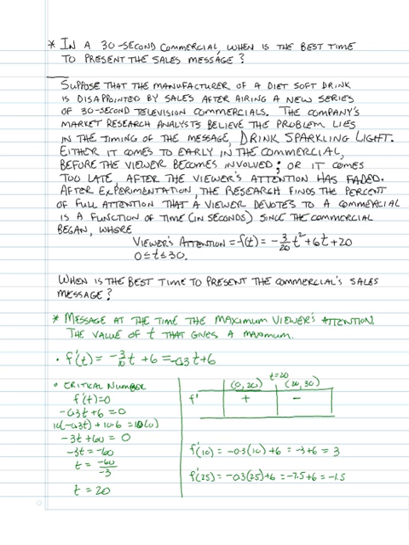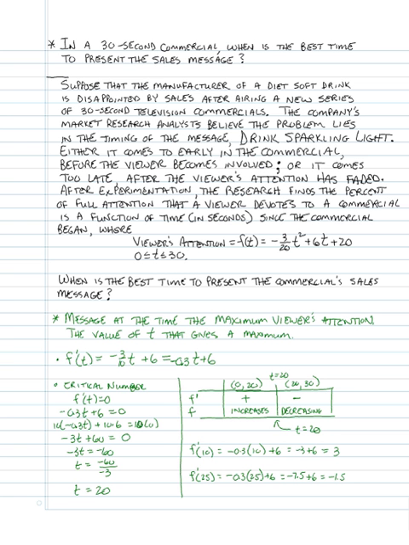So what we really see is that in the interval from 0 to 20, the function is increasing. That is, the viewer's attention is actually increasing. And in the interval from 20 to 30, the function is decreasing. So that means the viewer's attention is decreasing. And so we want then to choose t equal 20. That's actually going to be our maximum attention span, isn't it?